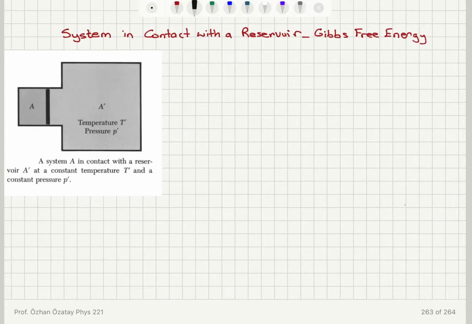We now have a system A that is in contact with a reservoir, and the reservoir is basically fixing the temperature at T prime and pressure at P prime.